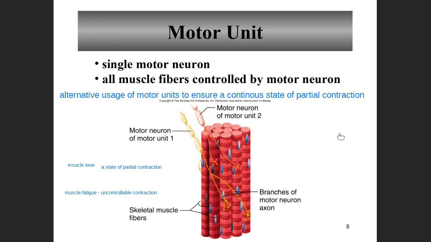About each arm, when one tone is tired, you let the two carry out the work, right? So the word muscle tone means partial contraction. By partial contraction, meaning that not all the muscle contracts, but only some of it, right? So in fact, the muscles in your neck right now are in partial contraction. You can recruit more motor units to have a stronger contraction, right?